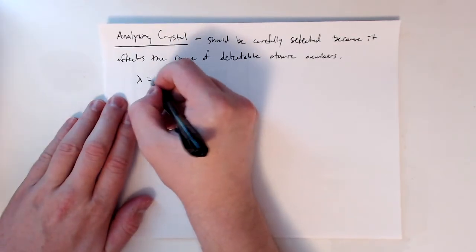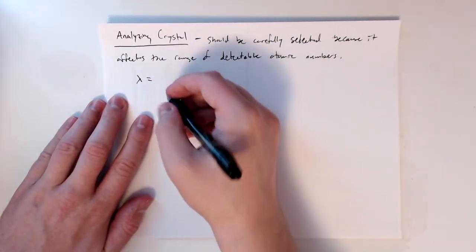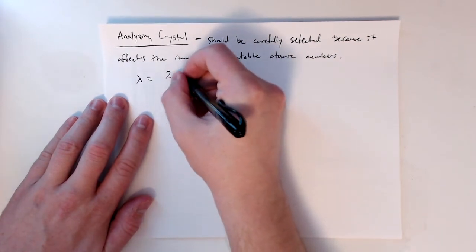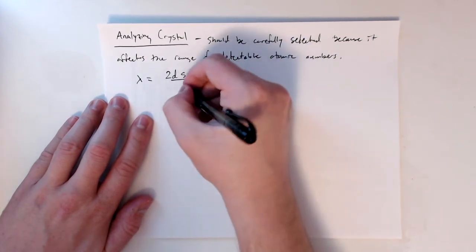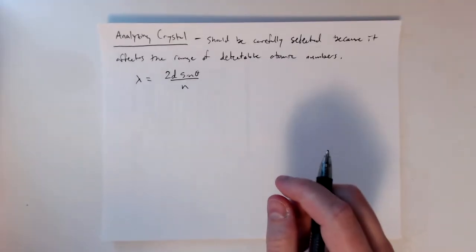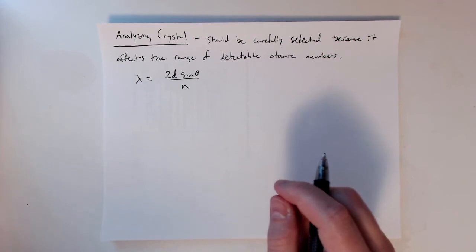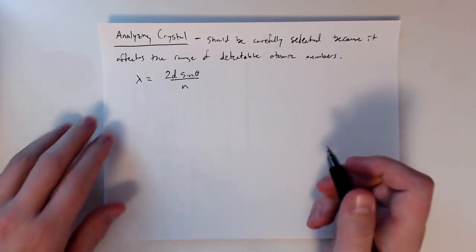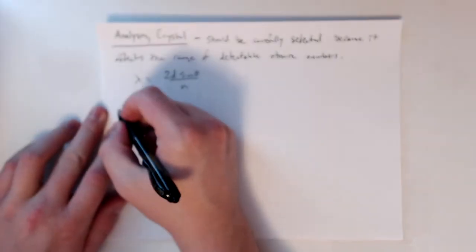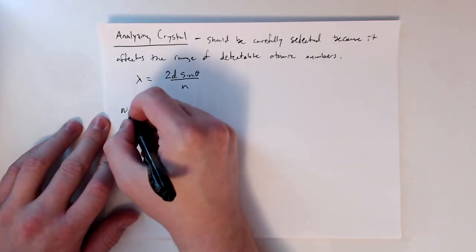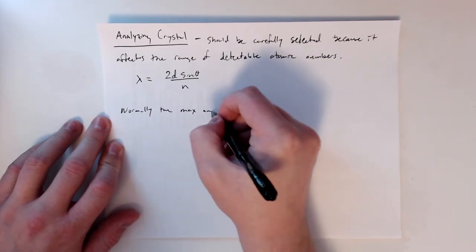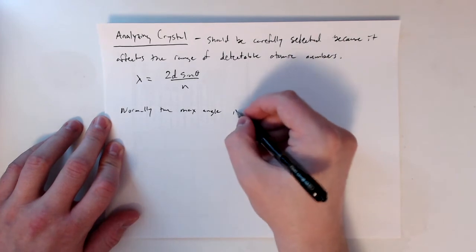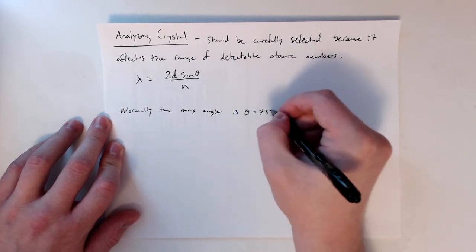So if we solve Bragg's law for what we're after, which is wavelength, what we get is that the wavelength is equal to 2d, so the d-spacing, sine of the angle theta, over n. Right, and n was that order of diffraction. So if we go by the typical experiment, normally the max angle in WDS that we would deal with is 73 degrees.